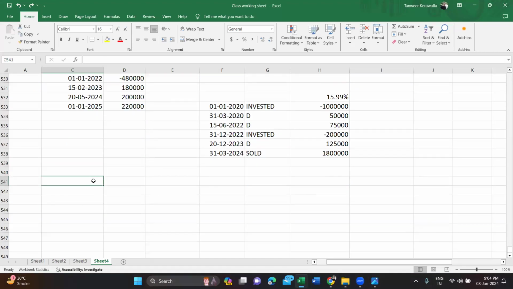So let's say the return of a fund is 12% per annum, monthly compound.